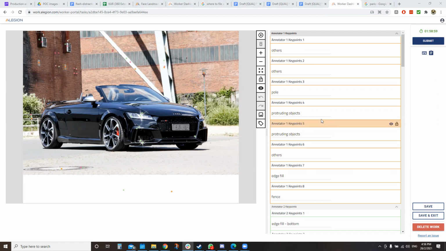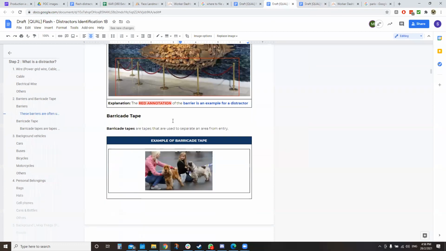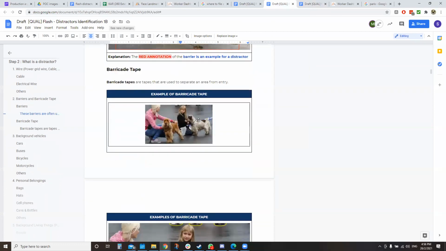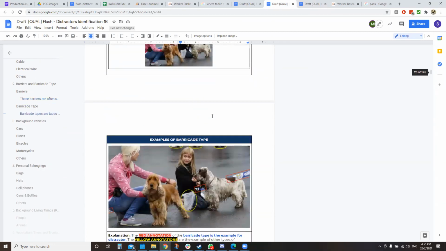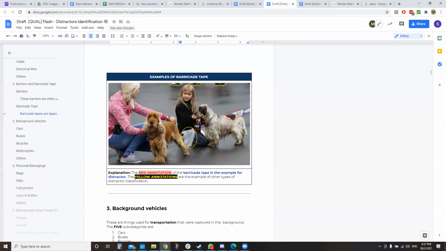Okay, all right. Here, obviously, barricade tape. And see how accurate they are. Barricade tape is a distractor, but these things are also distractors, where they highlighted them in a different color because they fall under a different category.